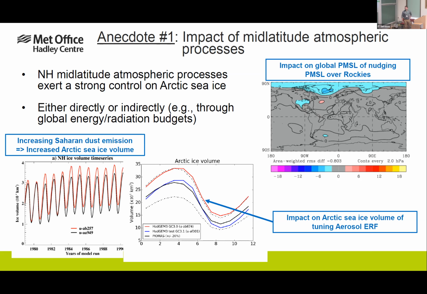And then we have to retune the sea ice model. Likewise, the difference between the red and the blue here is all based on aerosol tuning. And the sea ice mass balance is just very, very sensitive to all of those things.